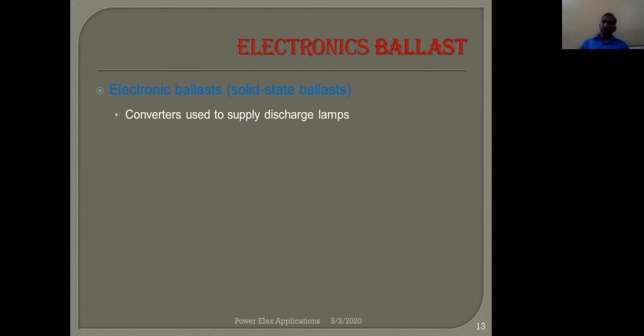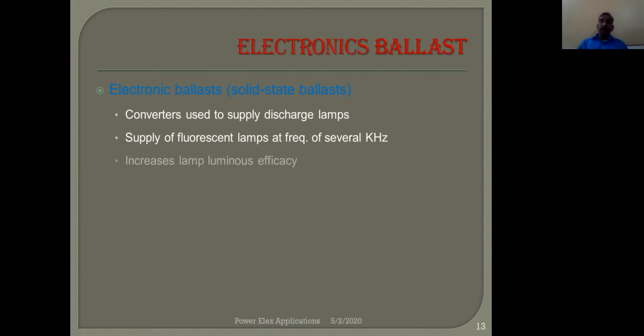You've seen electronic ballasts. Almost everybody has seen this. These are basically converters used to supply the discharge lamps. Discharge lamps means, again, these are fluorescent lamps. The ballast supplies them a signal at several kilohertz of frequency.